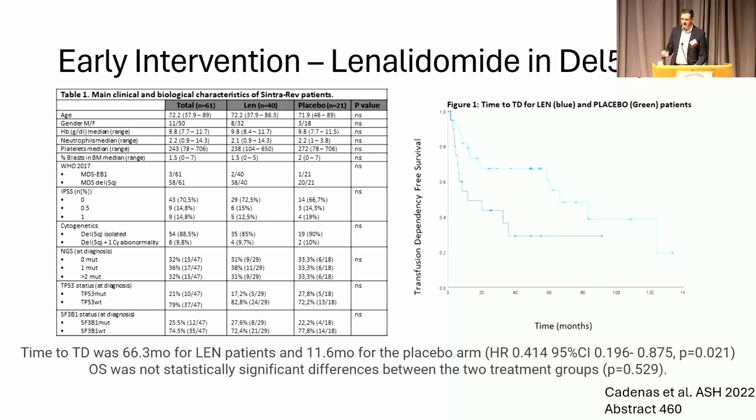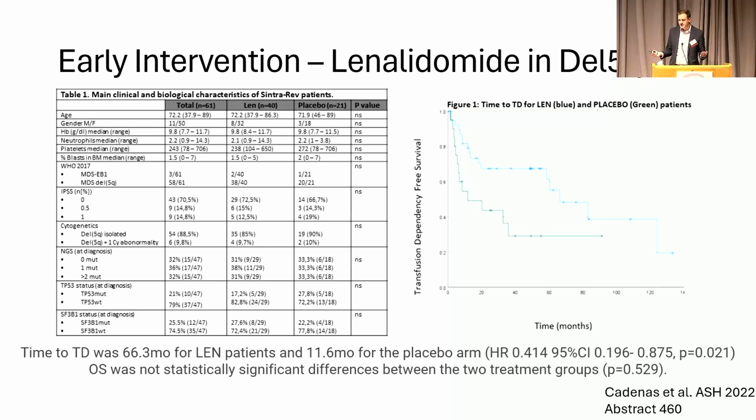And so here they intervened with 2 years, so a time-limited period of low-dose lenalidomide, and they found that the time to needing transfusions was over 5 years for those who they treated with that 2-year intervention, and it was only about a year when given placebo. So you saved a year of waiting. And so you could significantly delay the time until patients became transfusion dependent.